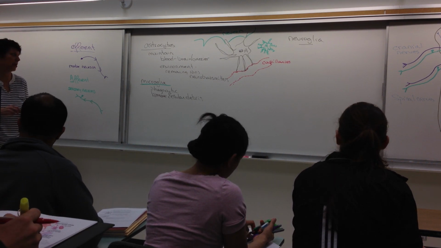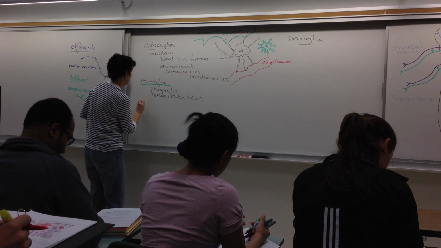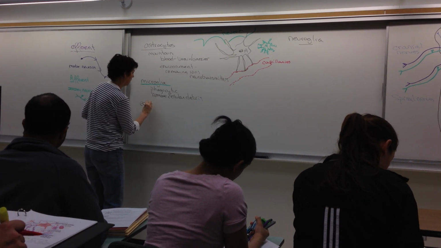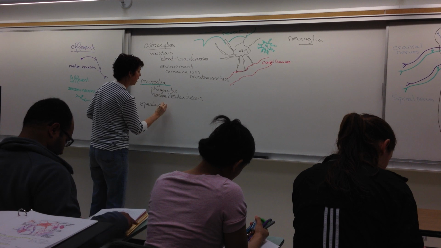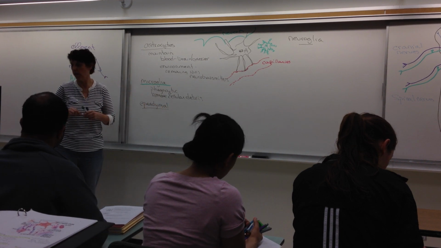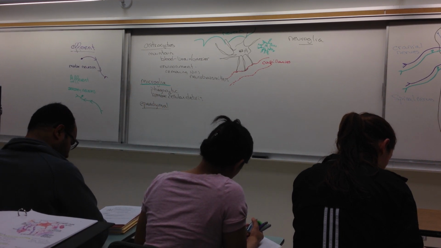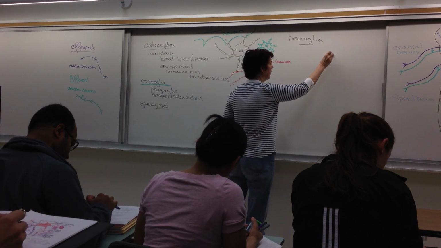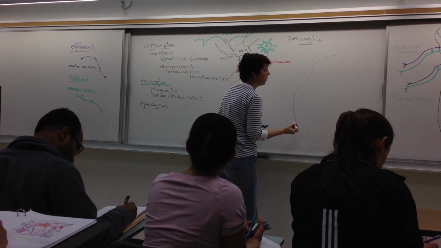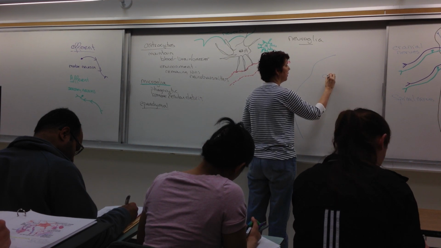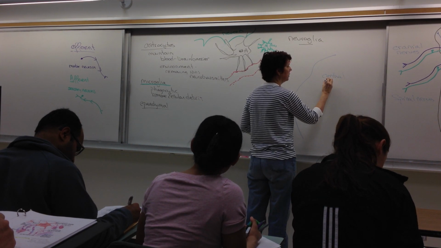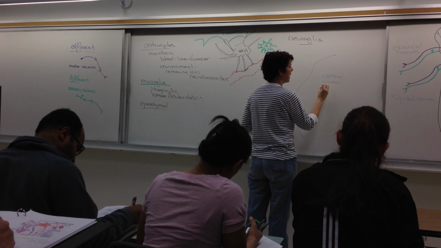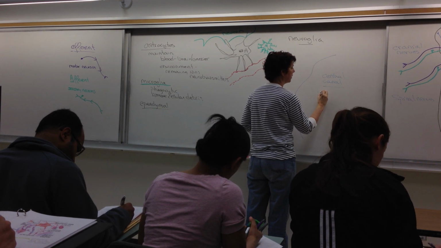Ependymal cells are unique. They're only found in one location, and that is surrounding the fluid-filled space of the spinal cord. So in the spinal cord, we have a central canal, and in the brain, we have ventricles.